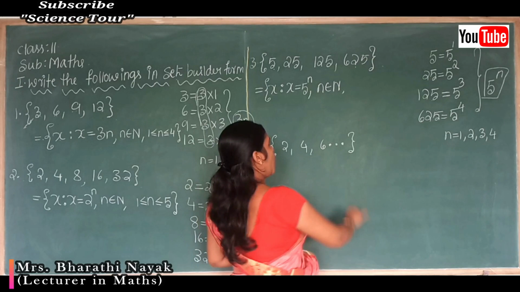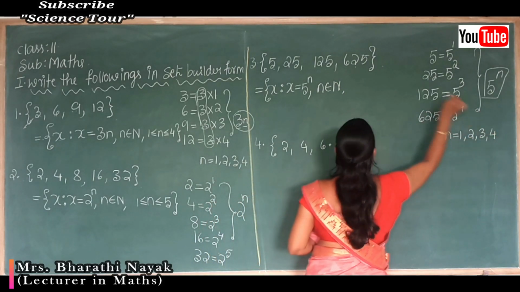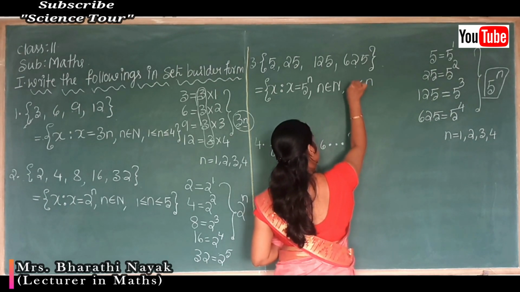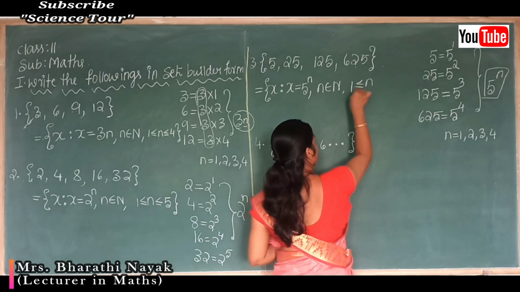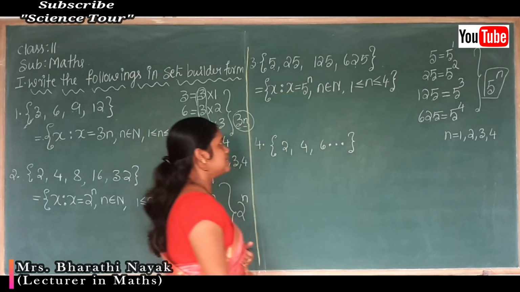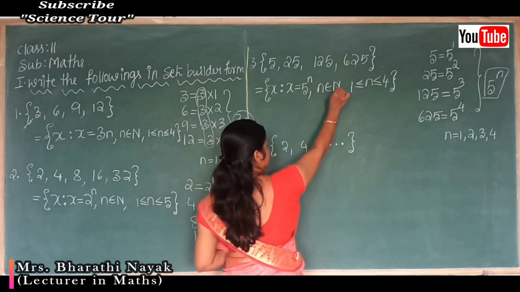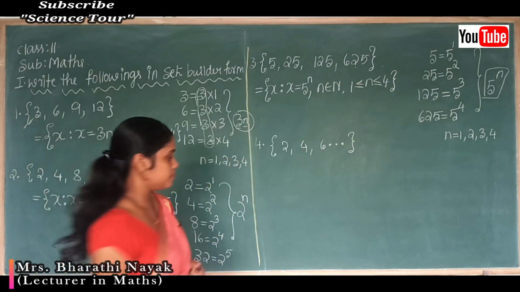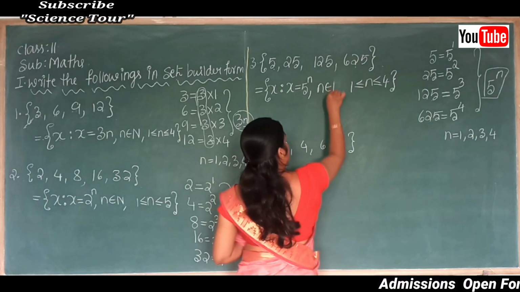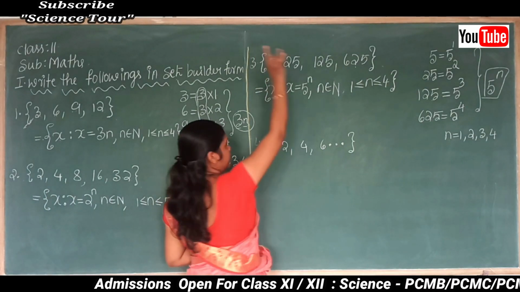Also the value of n lies between 1 to 4, so n is greater than or equal to 1, but less than or equal to 4. Here n belongs to N, the set of all natural numbers. So this is the set builder form of this given set.